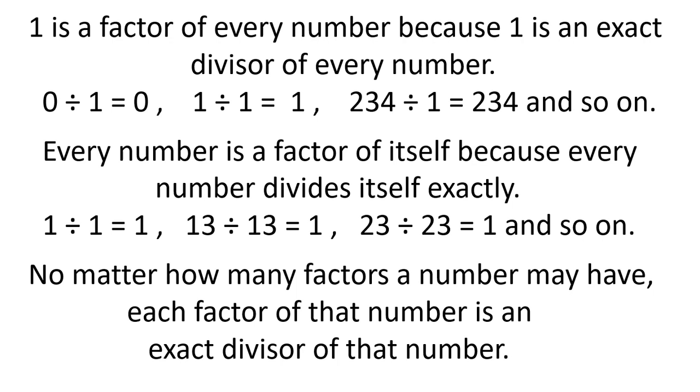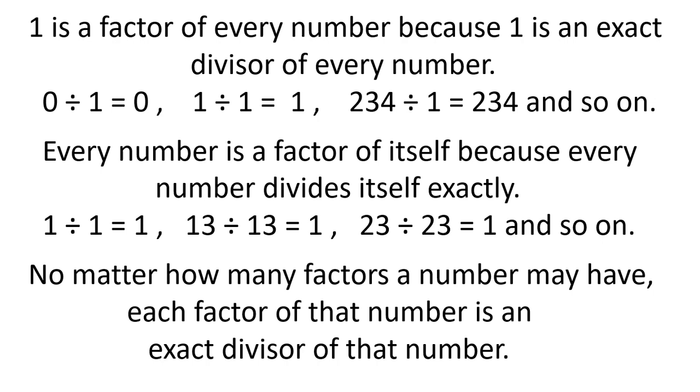Second, every number is a factor of itself because every number divides itself exactly. We checked that 56 appeared as a factor of 56, and for 189 also, 189 appeared as a factor. Because every number is divisible by itself and the quotient obtained is 1, the number itself is also a factor of itself.